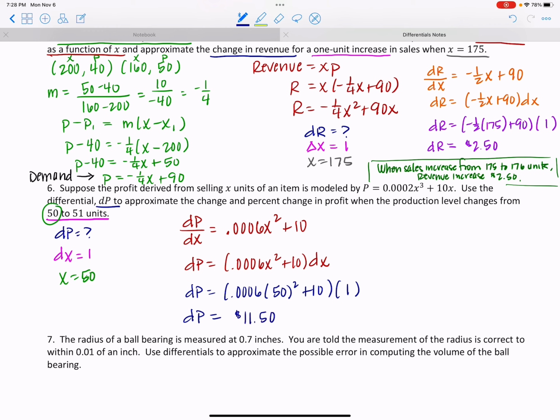So when they produce 50 units and then increase to 51 units, the profits are increasing by $11.50.